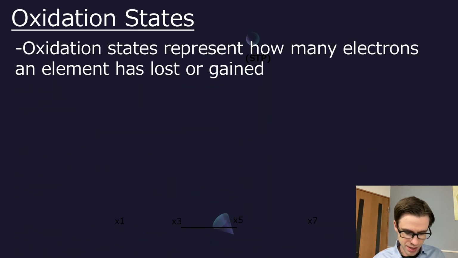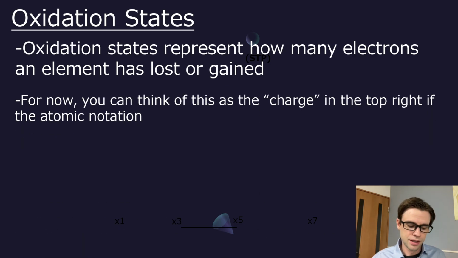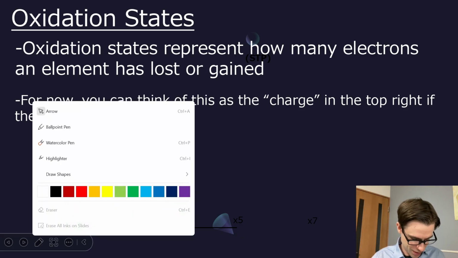So, oxidation states. We need to define this a little bit too. Oxidation states represent how many electrons an element has lost or gained. For now, you can think of this as the charge in the top right of the atomic notation.